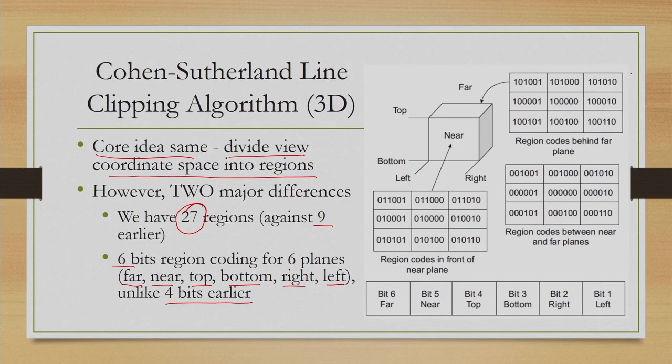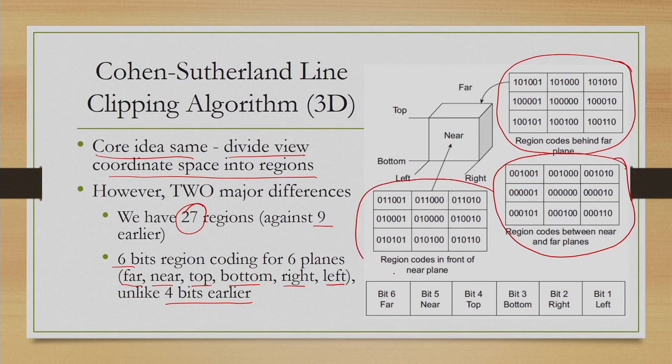Now, for each plane we have these 9 regions defined. So, there are 9 regions behind the far plane, there are 9 regions between the near and far plane, and there are 9 regions in front of the near plane.